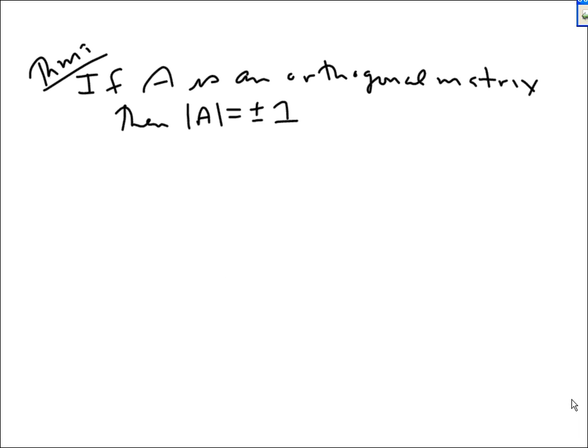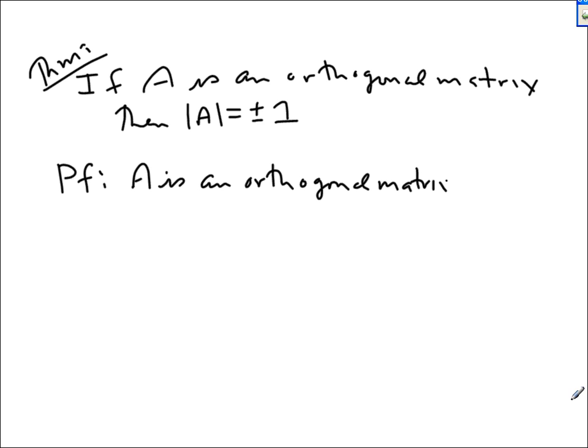Now, to prove these things, you really have to know the definition. A is an orthogonal matrix implies that A inverse is equal to A transpose. Okay?